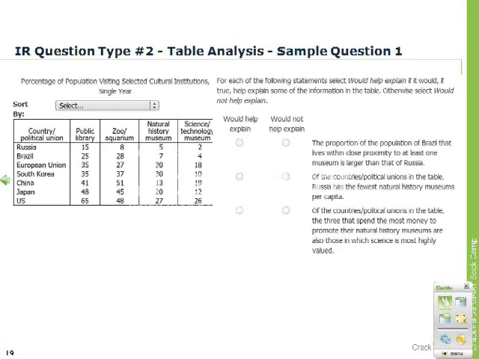So here there is an underlying assumption, right, which they have not mentioned, that people living closer to a museum will go more frequently to the museum. You can't generally assume, but yeah, in this question it seems you can. You have to assume.